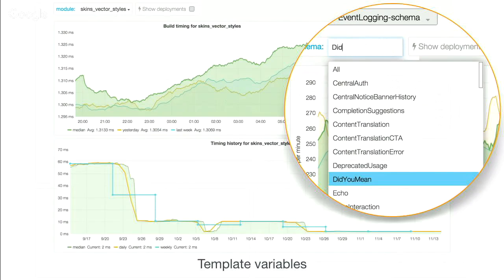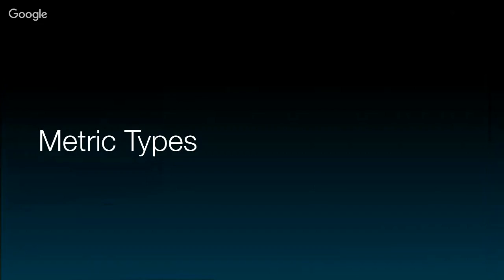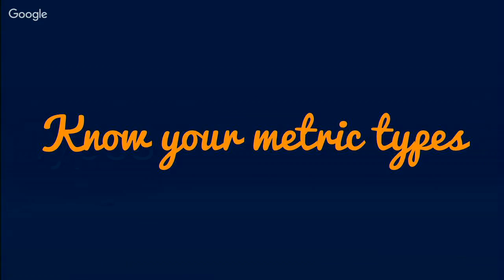And in building these dashboards, it can be very easy to fall into a pitfall of the wrong metric type. There's many different metric types that are exposed to Graphite via StatsD, which is the software we use to aggregate data points in production. And I would encourage you to try and get to know your data metric types.